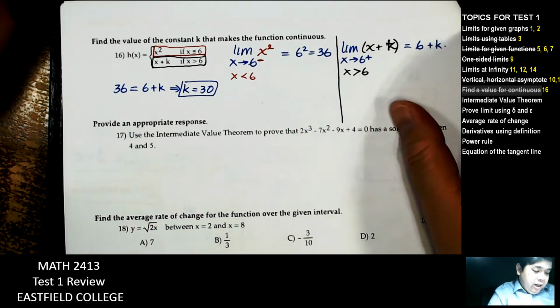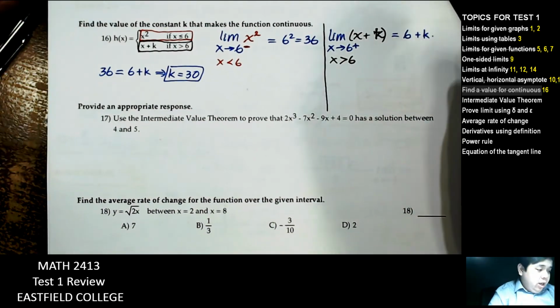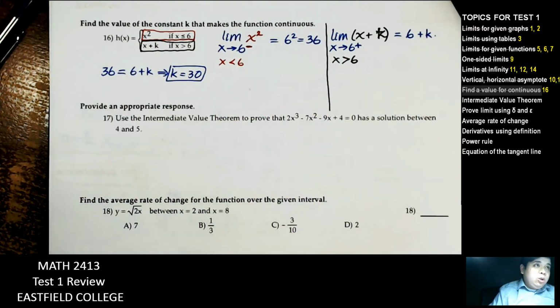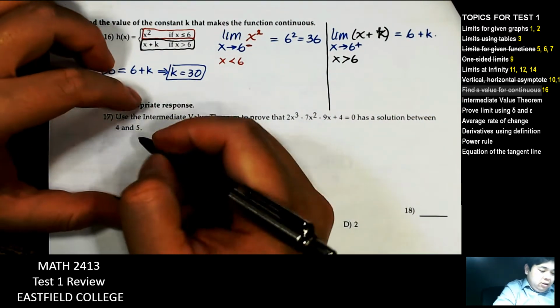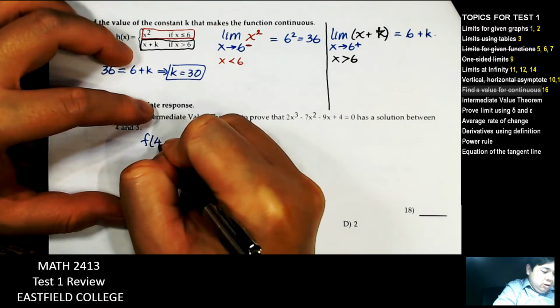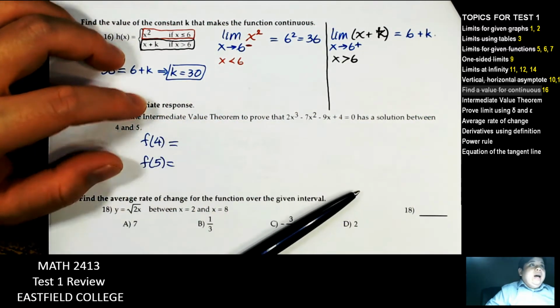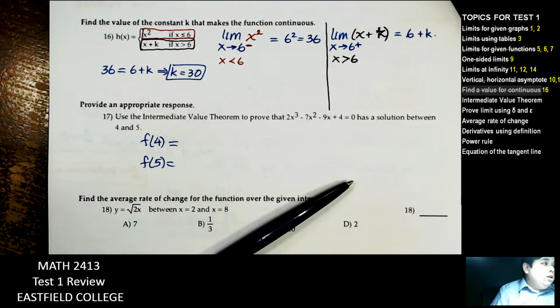Next, intermediate value theorem problem. This will be easy. We're going to put 4 and 5 into the function and see what happens. I'm going to use a calculator on this one.